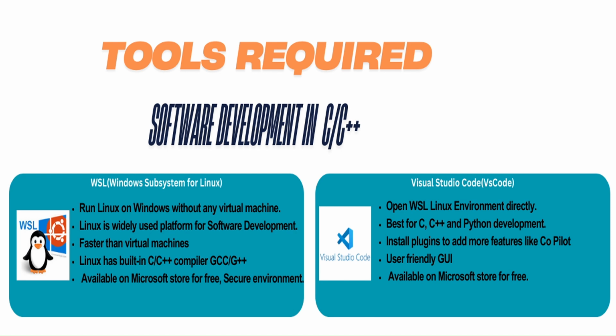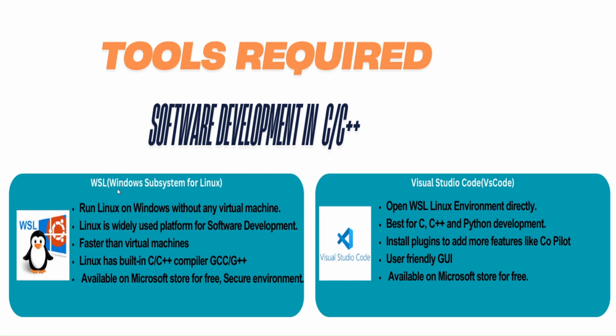So today we will discuss the installation procedure for the tools, and also how to use them. To develop in C, you need an IDE, an integrated development environment, and also a compiler. So we need two things here.